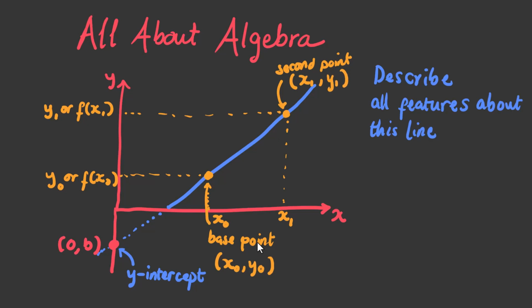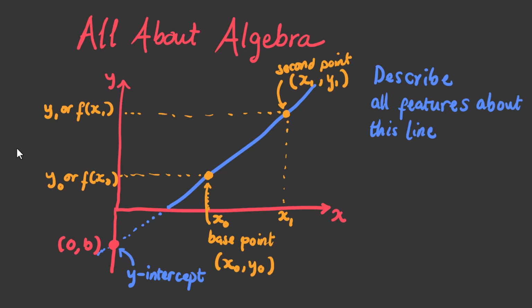Our next step is to address how this line is running versus how it is rising, which shows how y changes versus how x changes.